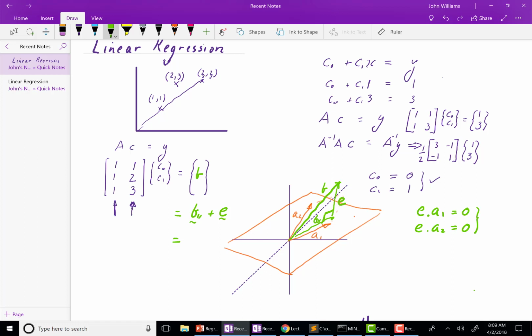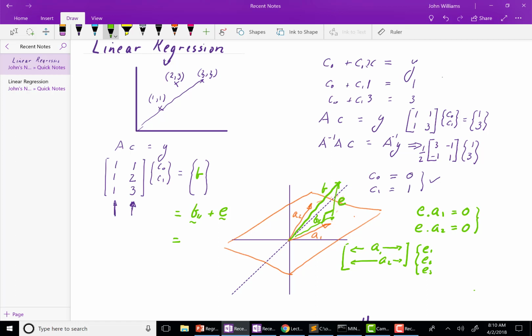And what I notice is that another way of writing this is I could write A1 as a vector like this, and A2 like this, and E like this, E1, E2, E3.